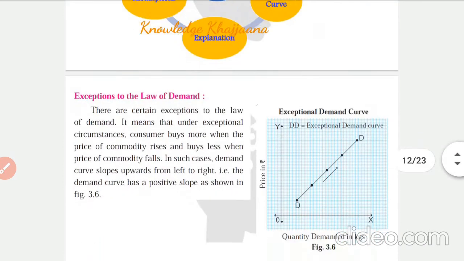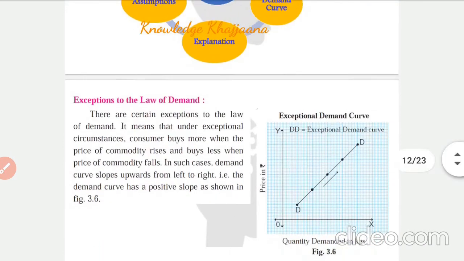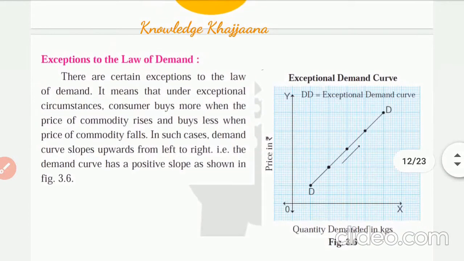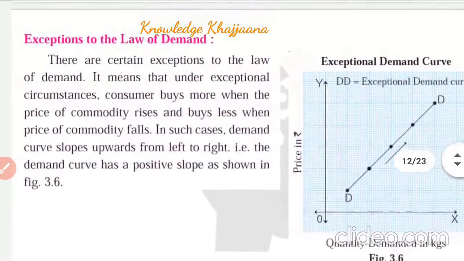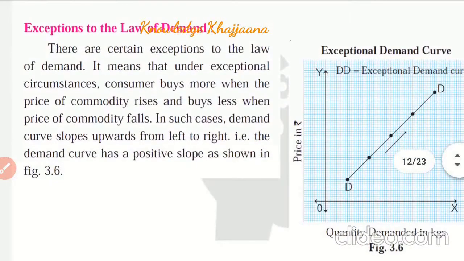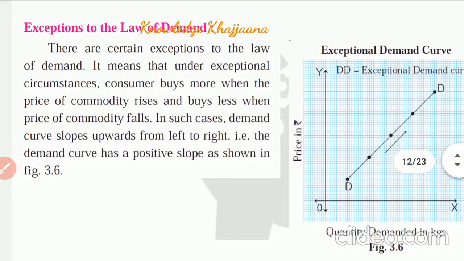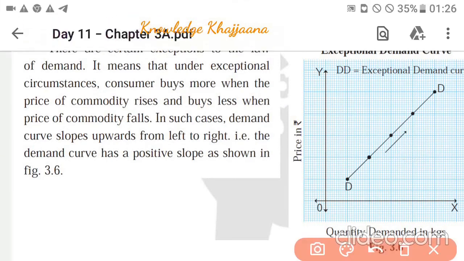There are certain exceptions to the law of demand. It means that under exceptional circumstances, a consumer buys more when the price of the commodity rises, and buys less when the price of the commodity falls. In such cases, the demand curve slopes upward from left to right.